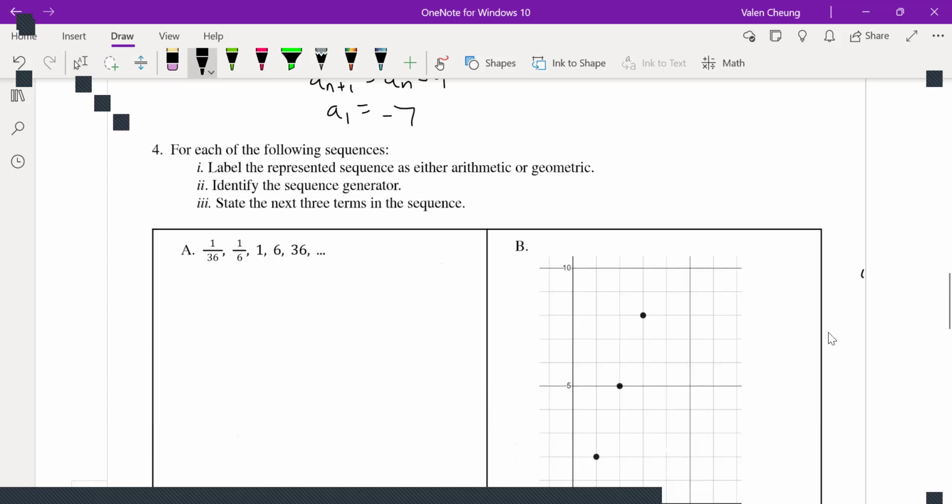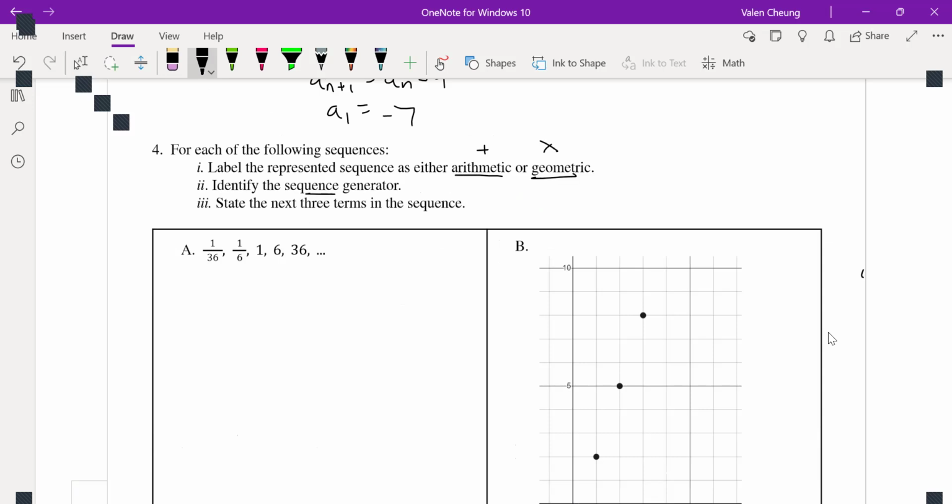Okay. Last part. For all these, you first decide, is it arithmetic, which is adding, or geometric, which is multiplying? ID the sequence generator, state the next 3 terms. So part 1, this one, each time you're multiplying by 6, so this is geometric.